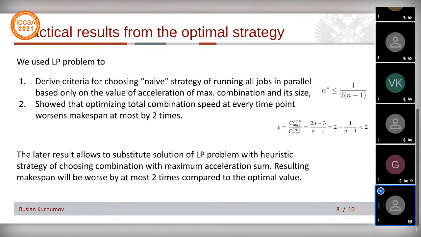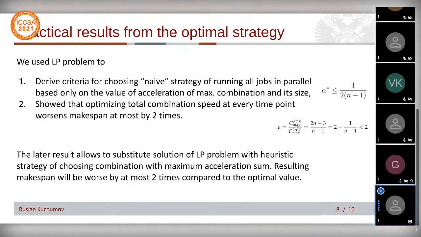That is, it would always perform no worse than 2 times the optimal strategy. And this result allows us to implement similar search-based strategies in the scheduler, because it's possible to approximate the strategy simply by searching for the proper combination that has the maximum task processing speed.